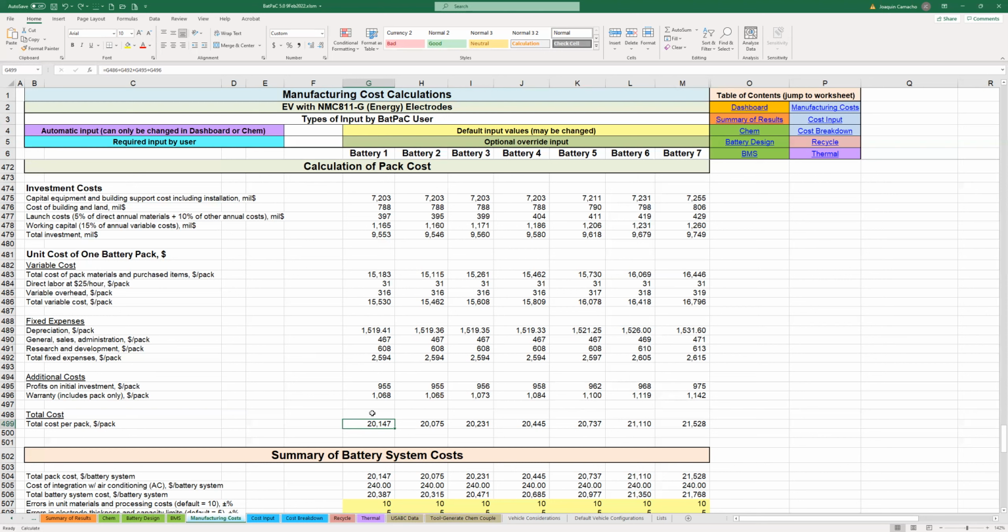Why not? Because Rivian is only charging, let me go up the PDF here, $16,000 to their pre-orders, and that is maybe with profit or not. We're not sure of the details of that cost.